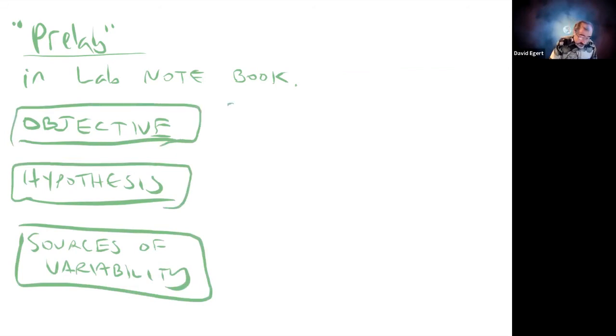Right? Objective, as we've seen, is just a sentence that says, is the independent variable related to the dependent variable? Hypothesis is your educated guess about what you think you're going to find. Sources of variability is just a list of things that you think might affect your results in addition to the specified variables.